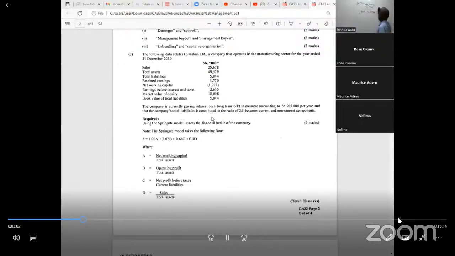What have we said in this case about ratio A? Ratio A is the working capital. Very important, I would want us to appreciate this.